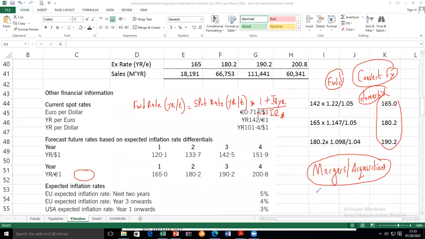That is where we are going to. What is a merger? What is an acquisition? Then we go into exam questions, and most of these exam questions are going to deal with the concept of valuations. So that is where we are moving to.